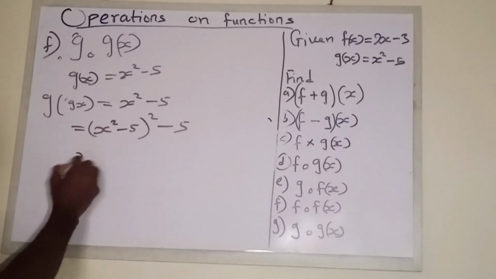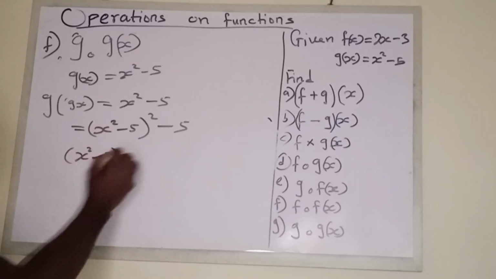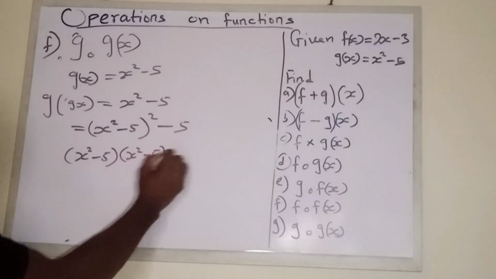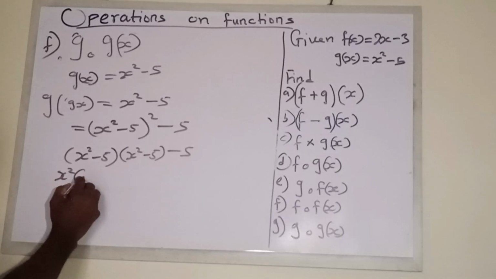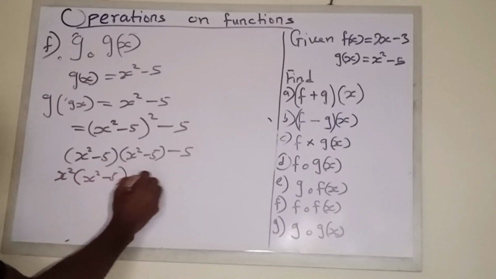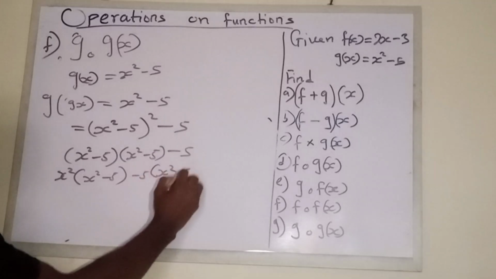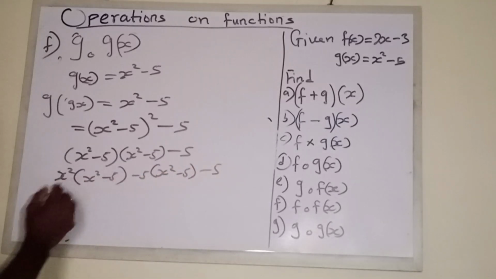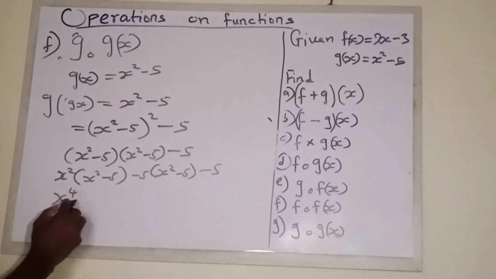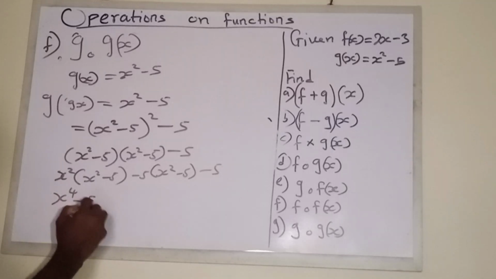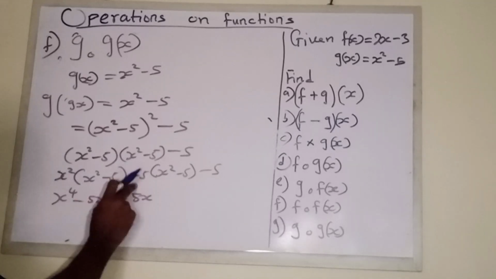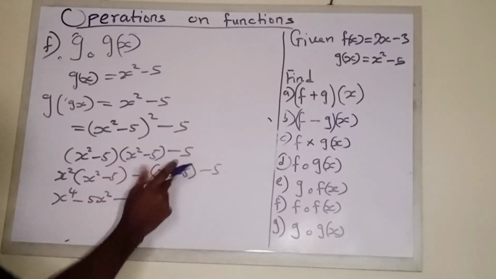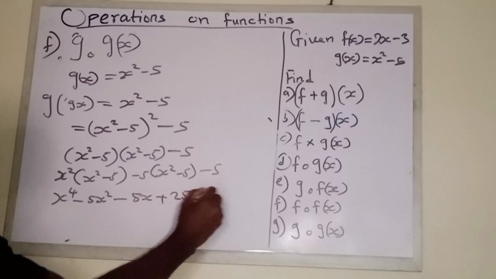So when we square this, we're going to have x squared minus 5 times x squared minus 5, then minus 5. So opening the bracket, we have x squared into bracket x squared minus 5, then minus 5 into bracket x squared minus 5, then minus 5. So when you square this, we have x to the power of 4 minus 5x squared, then minus 5x squared, then plus 25 minus 5.